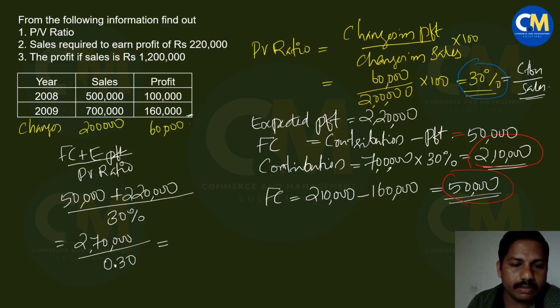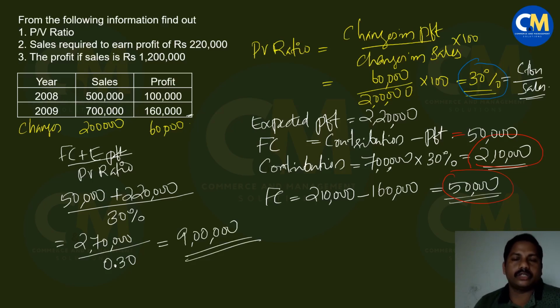Then the sales volume should be around 9 lakh, and then you will get the profit of rupees 2 lakh 20,000.